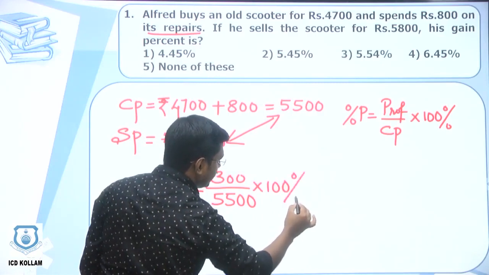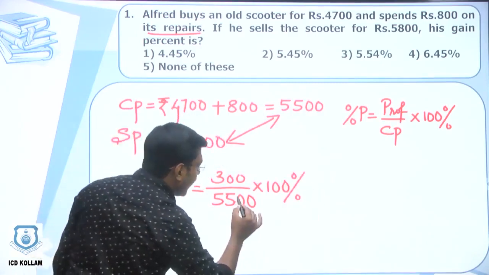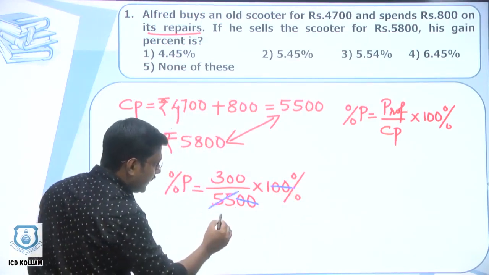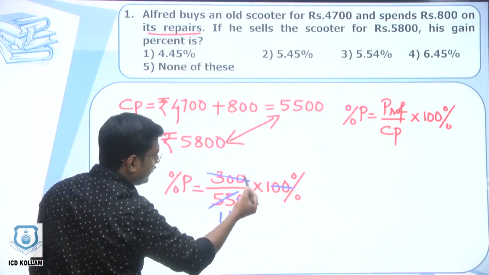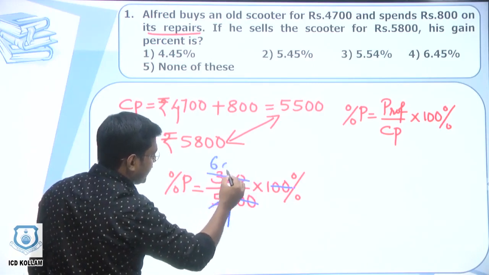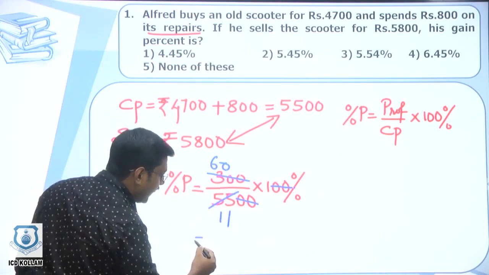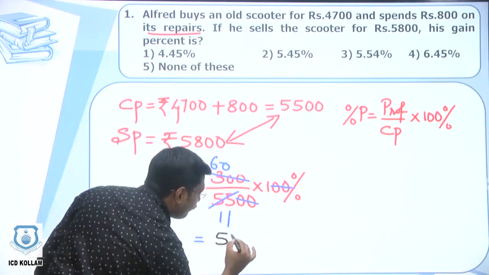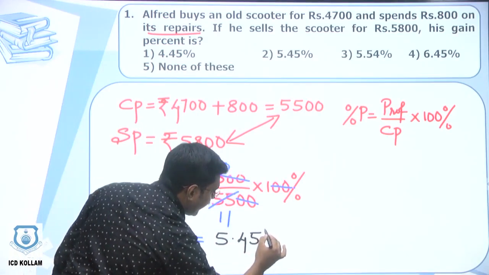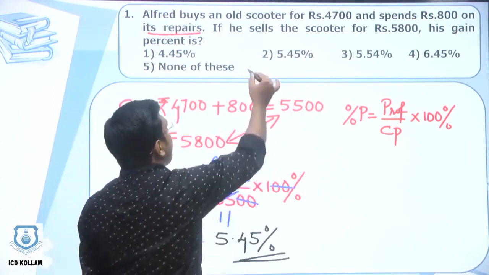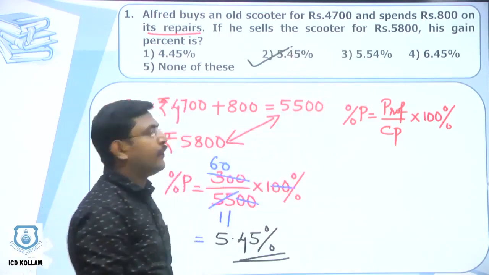We need to solve this. I am solving, listen. Yes, I am cancelling these two zeros. After that 5, it is 11 times, and 5, it is 60 times, right? So 60 by 11. On dividing 60 by 11, you will get the answer as 5.45%. So for this question, the answer is option number 2, 5.45%.